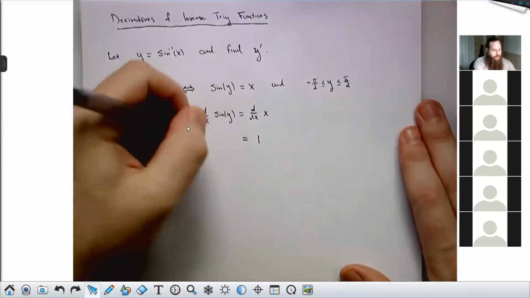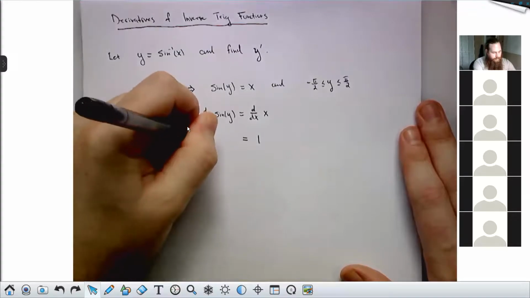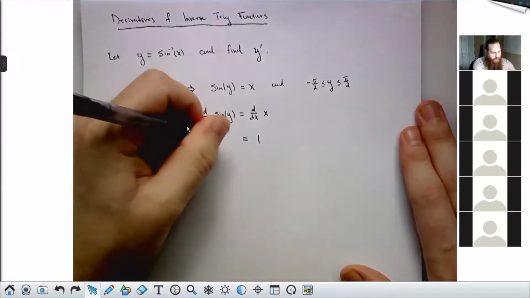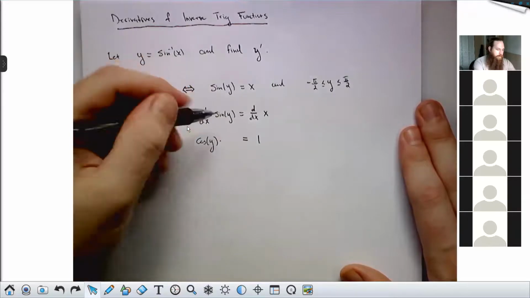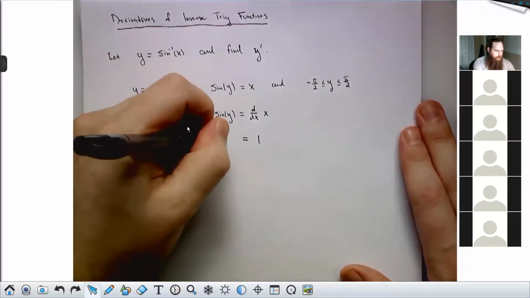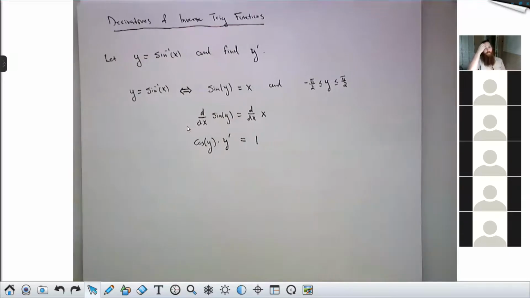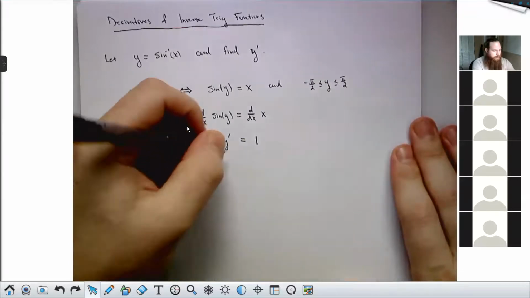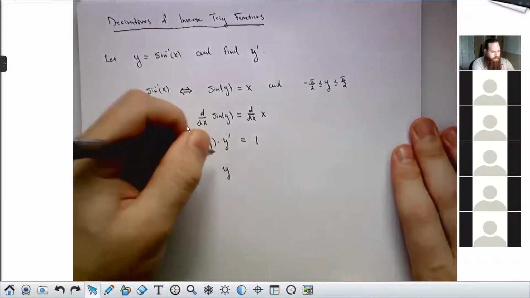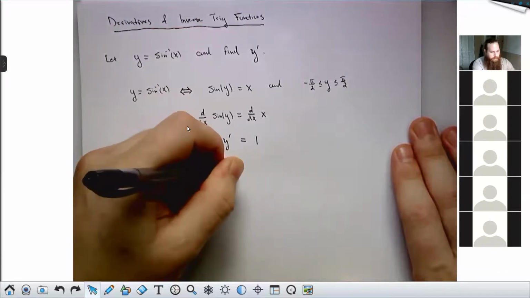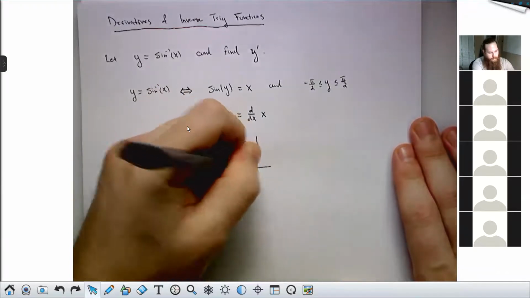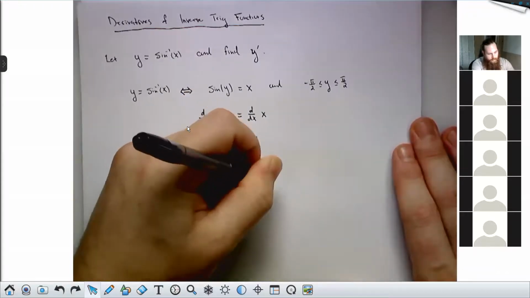The derivative of sine is cosine, so I'll have cos y times the derivative of the inside, y prime. This is the implicit differentiation stuff. And now I can divide both sides by cosine of y to get y prime equals 1 over the cosine of y.